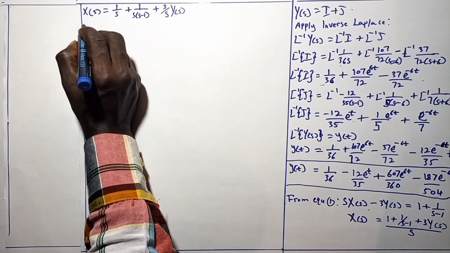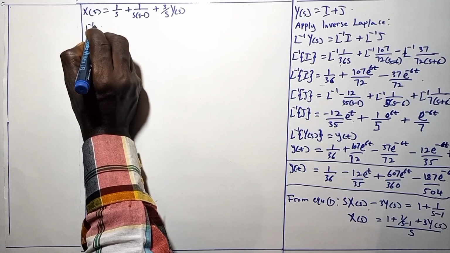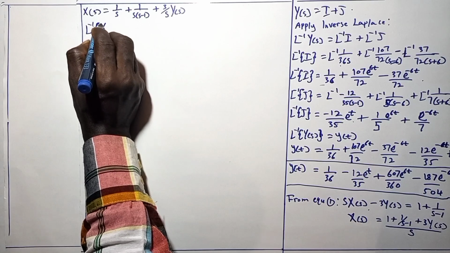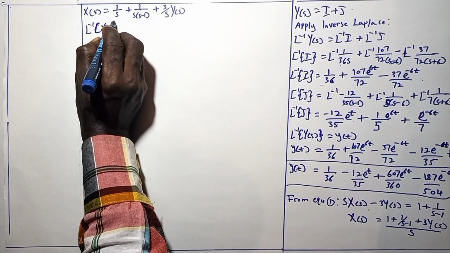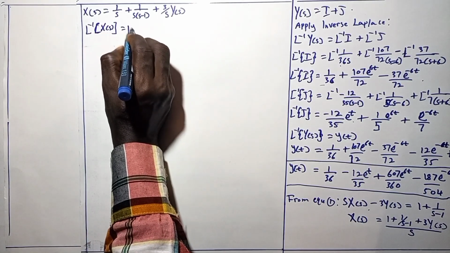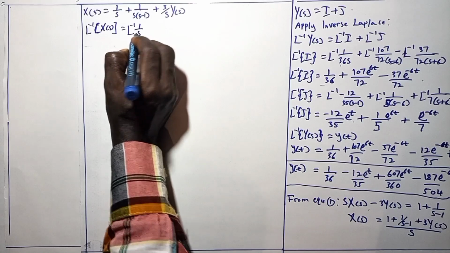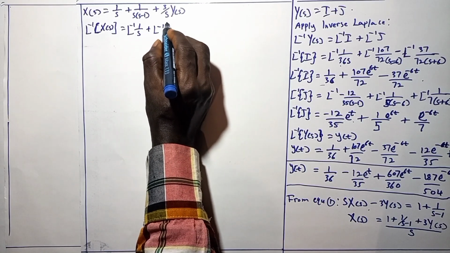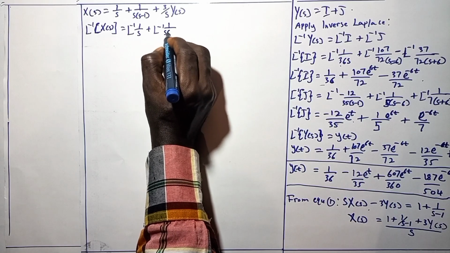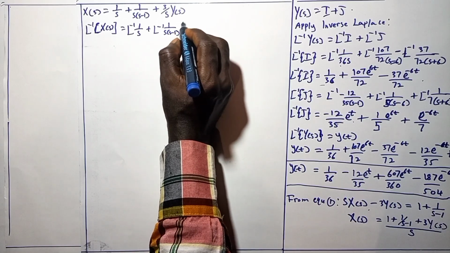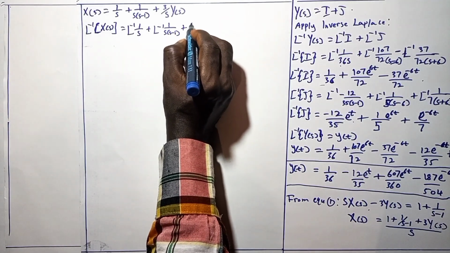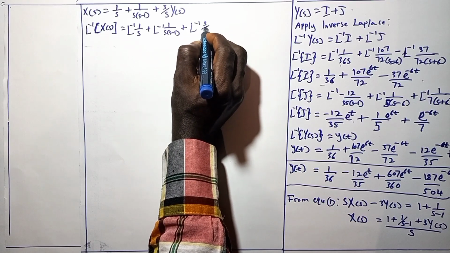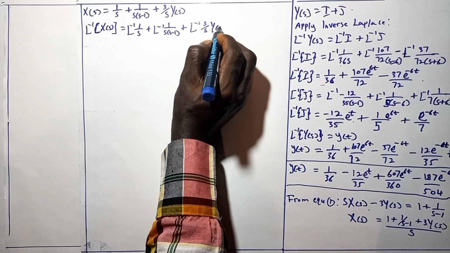So now taking the inverse Laplace of x of s equals 1 over s, inverse Laplace of 1 over s minus 1, plus inverse Laplace of 3 over s y of s.